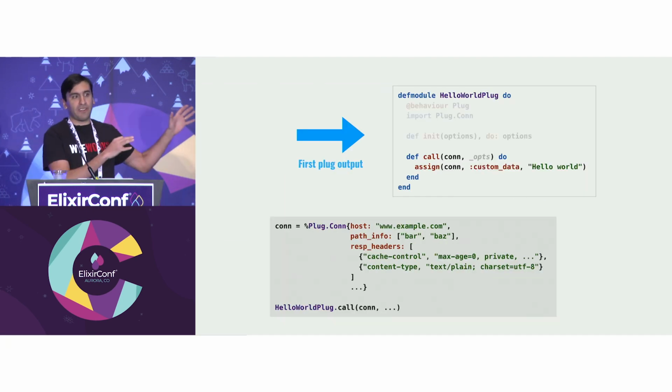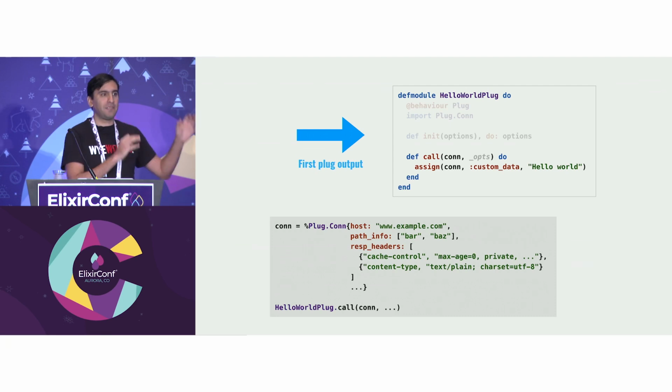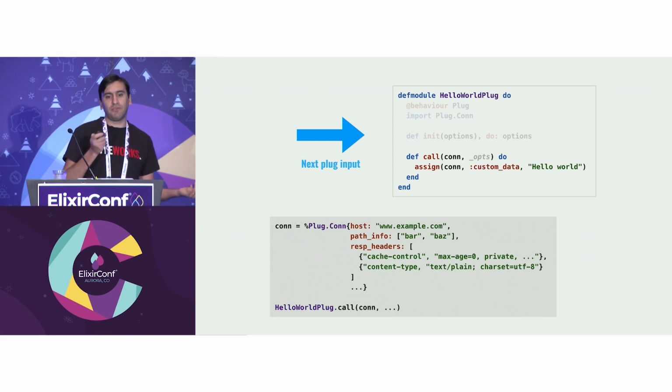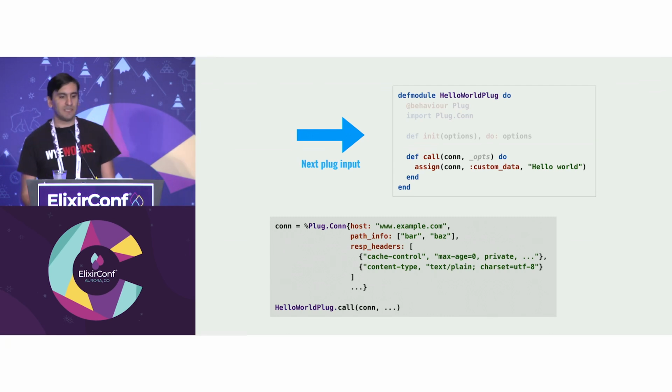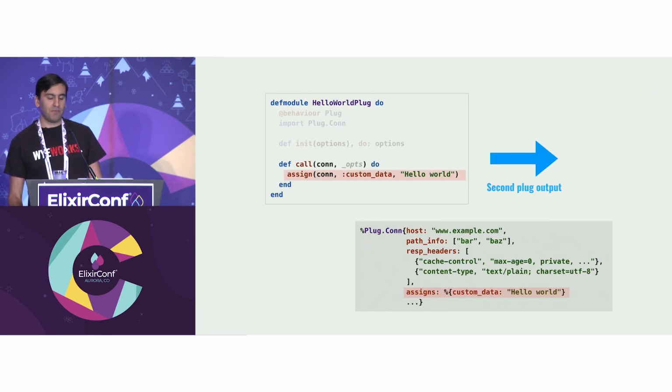That was the first plug, but the idea is to take the output of the first plug and pass it to the next plug in the line. It will be the input of the next one. And again, it's the same, invoking a call function that does something and creates a new version of this connection struct.